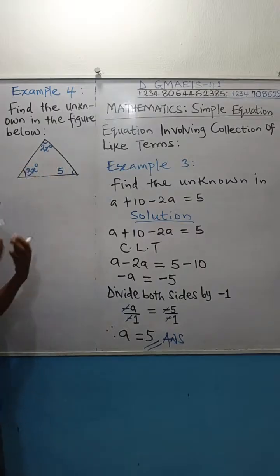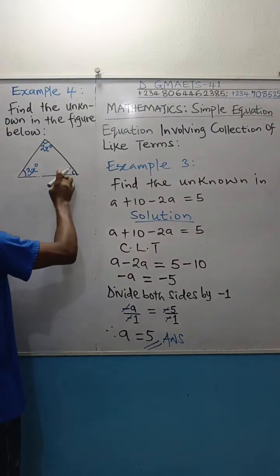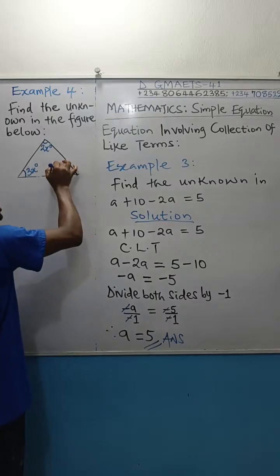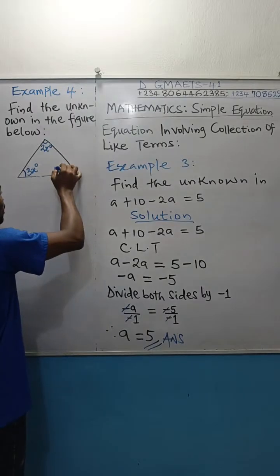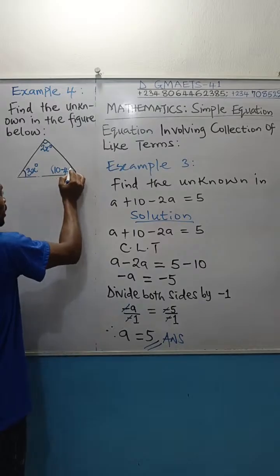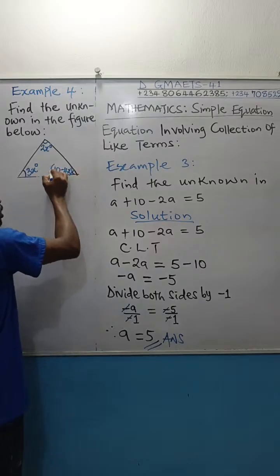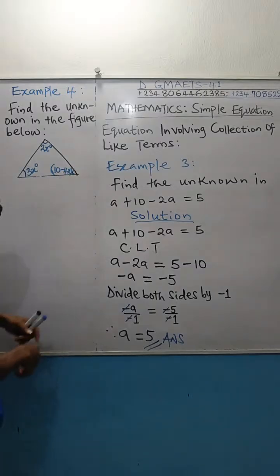I just decided to come up with something that will help you. Let me make this one 10 minus 4x. 10 minus 4x, that's the angle here. 10 minus 4x, that's the angle in degrees also. So there is degree out there.